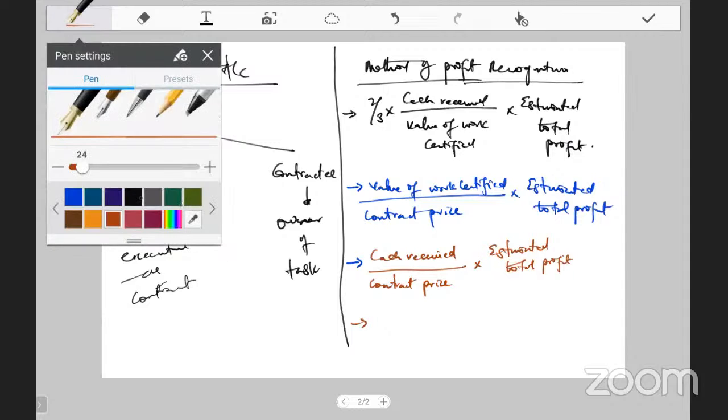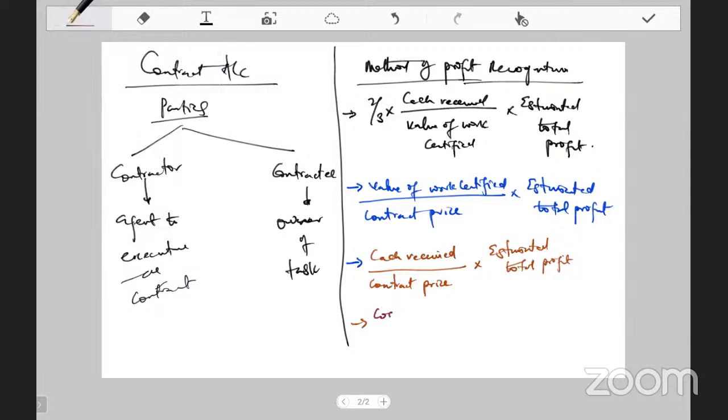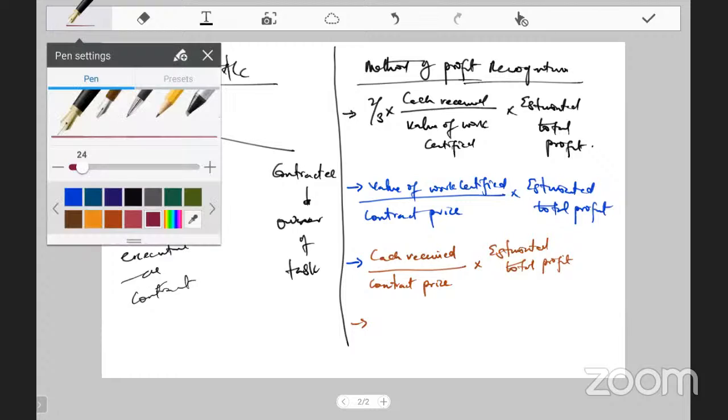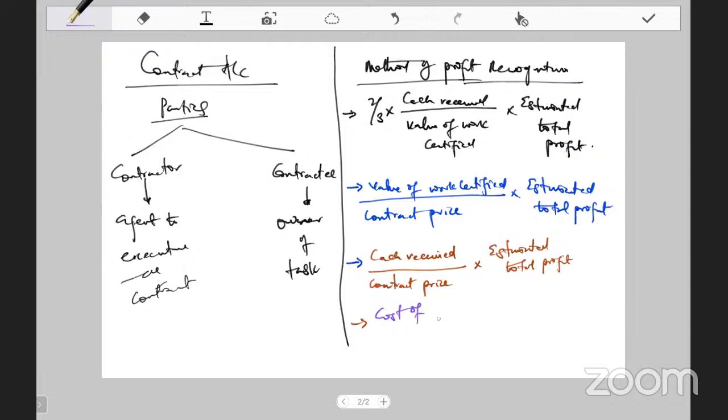Now we also have another method, which is cost of work done all over estimated total cost of contract times estimated total profit.